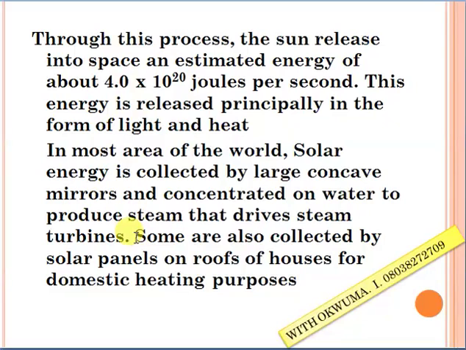Now some is also collected by solar panels on roofs of houses for domestic heating purposes, and this is the one we are going to look at now. This one we can use for domestic purposes, for heating water and other things in our house. Then remember the other one, where you concentrate the mirror on water, the steam drives the turbine, which can equally generate what? Electricity.